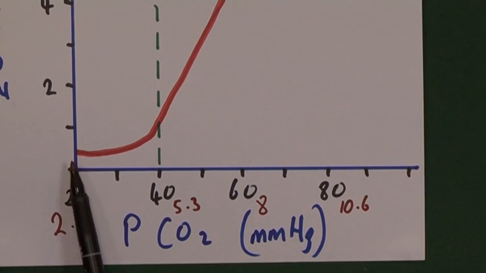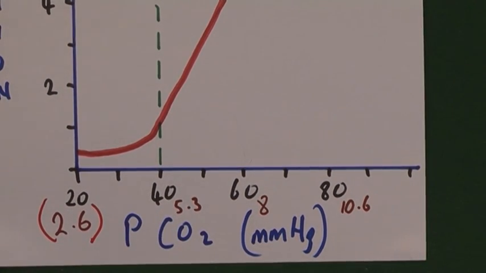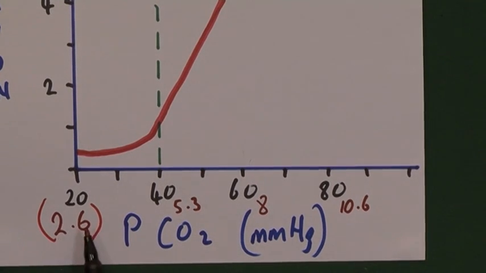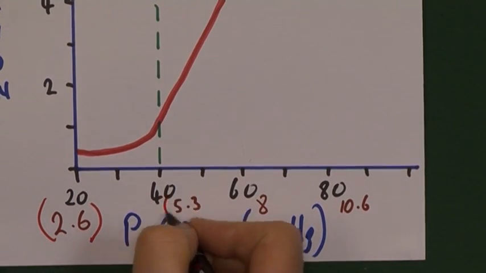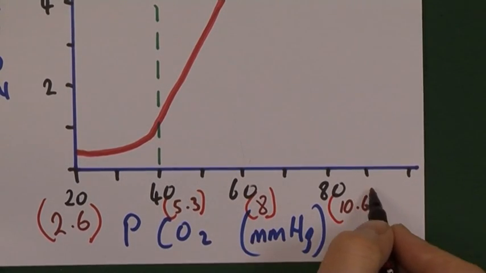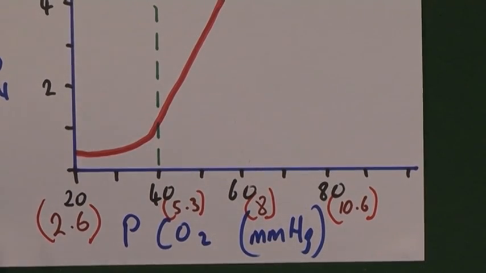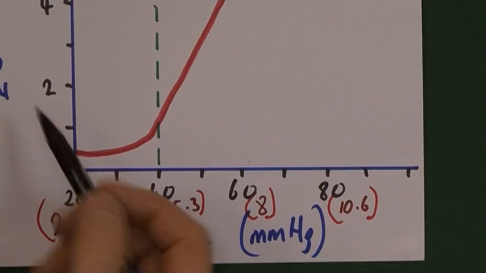And these figures here, so 20, if you divide that by 7.5, you get 2.6, because that's the figure in kilopascals, because these are measured in two different ways. So 20 millimetres of mercury is 2.6 kilopascals, 40 millimetres of mercury is 5.3 kilopascals, 60 is 8 kilopascals, and 80 is 10.6 kilopascals.